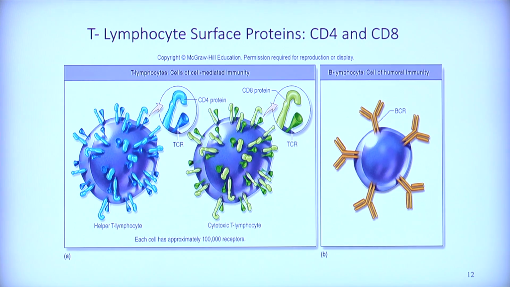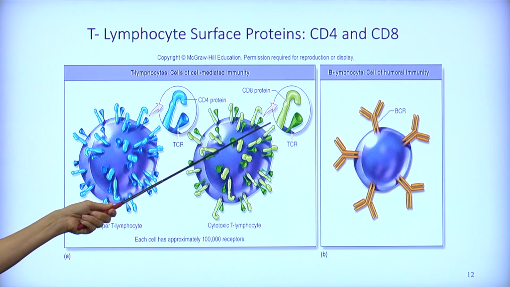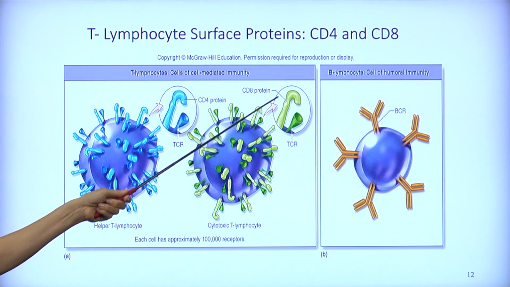How about the CD4 and the CD8 cells? This is the helper T cell. When we look on its surface, it has a very specific protein. This protein is called CD4 protein, and accordingly, helper T cell is called the CD4 cell. When we look at the CD8, it has another protein on its surface.